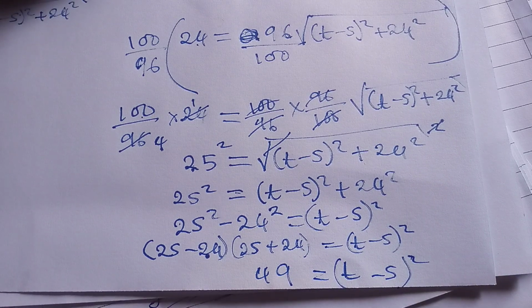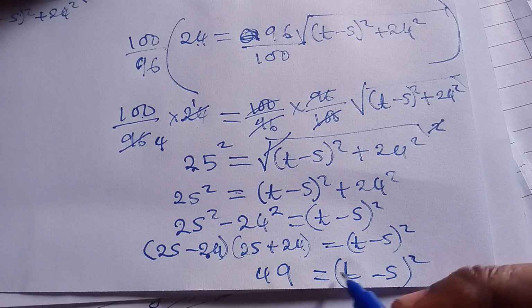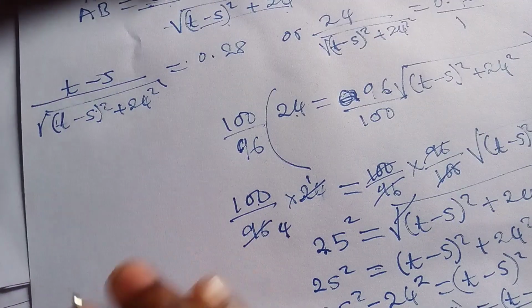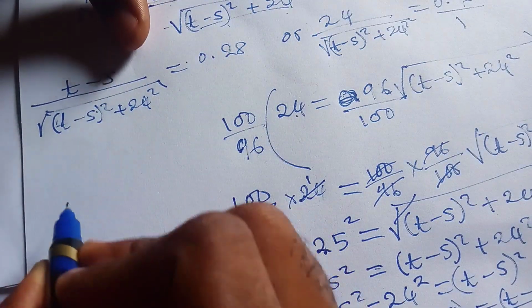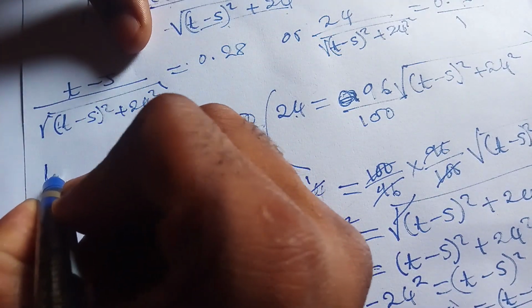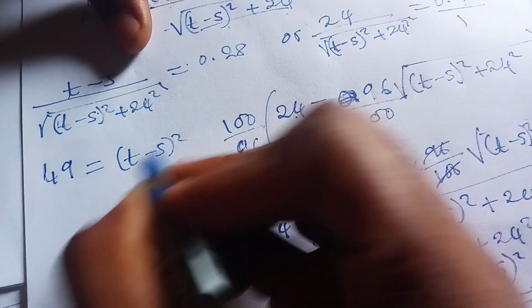So now to get rid of this square, we can just introduce the square root on both sides. So 49 is equal to t minus 5 squared.